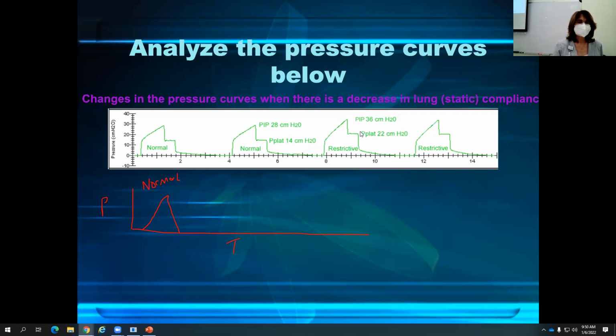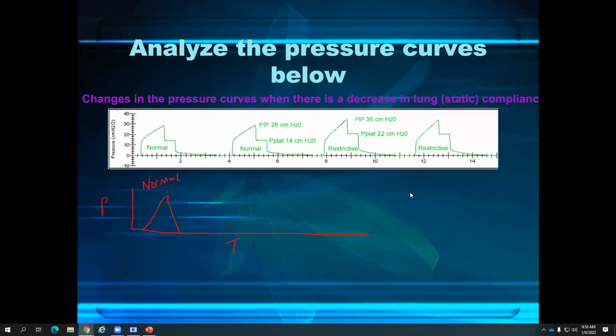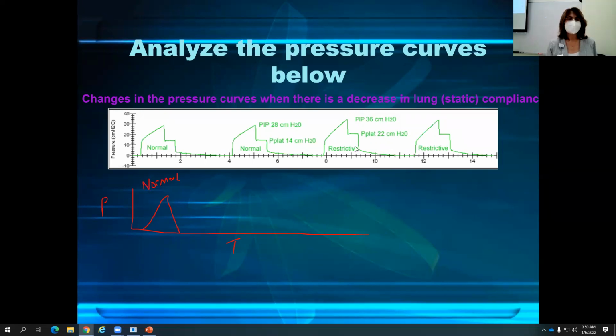It's the same though, isn't it? And then this one, the difference is 14, right? Here, what is the difference? 36 minus 22? It's the same. 14, yeah. So I guess they're trying to show you that this lung is stiffer, but the airway resistance is the same.